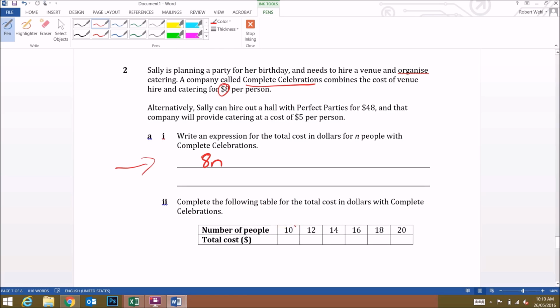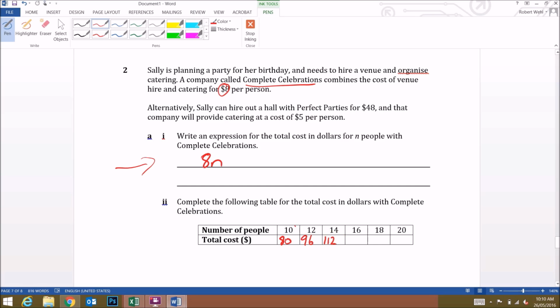So if I have 10 people, it's going to cost 80. 12 people, it's going to cost 96. 14 people, it's going to cost 112.